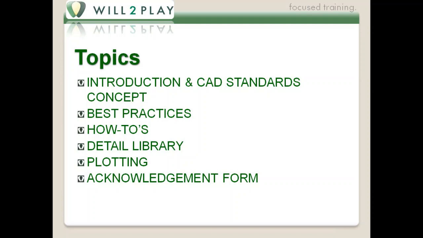The idea here is that I'm giving you the 30,000-foot overview of the entire class, and each of these topics will be hit again. So have faith that this is just round 1 of this 16-round boxing match that we're going to have with your Revit standards over the next 16 sessions.